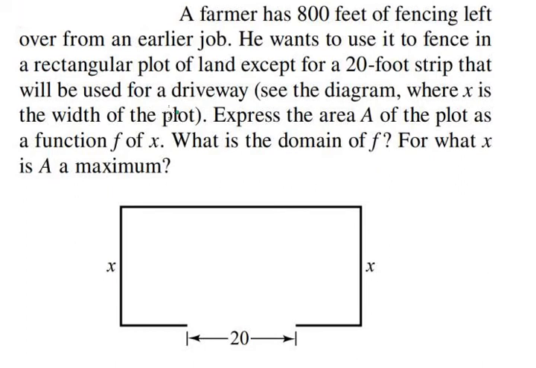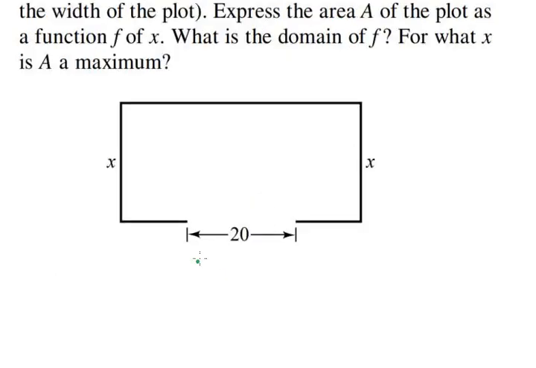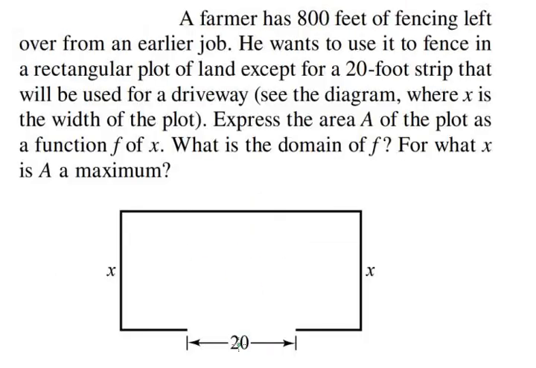We know that the total fence is about 800 feet. So we start from here, we go this way, to here, here, here, and we stop in here. So the total should be about 800 feet, but we have 20 feet for the right of way.